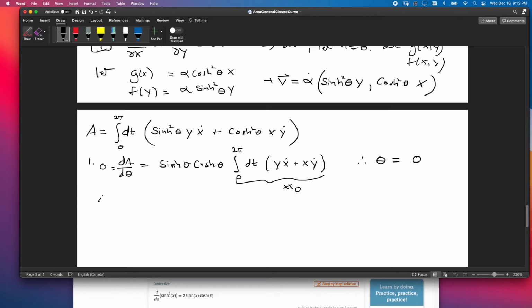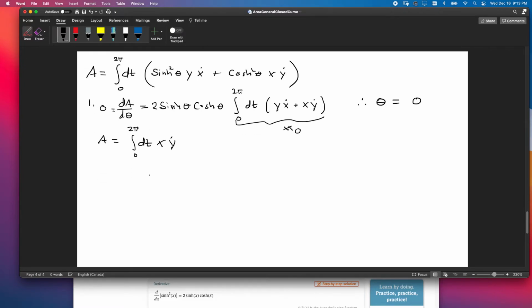So in this case, we have that A is equal to the integral of x y dot. Okay, so that's the first way.